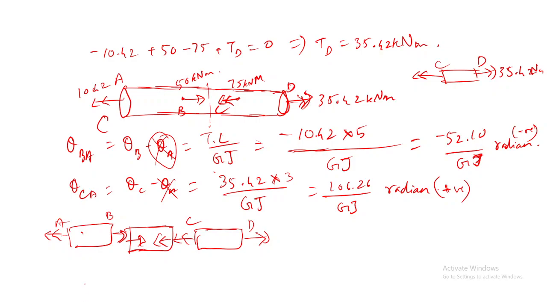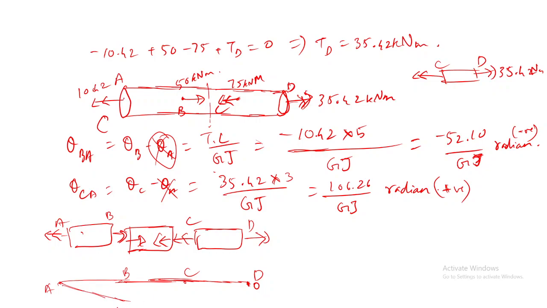Yes, sir. So for the final, for example, if I plot this angle of twist at C and D, here I know the angle of twist at D and A are 0. Then the angle of twist at B is negative. So I will be drawing in the negative direction, and that is minus 52.10.